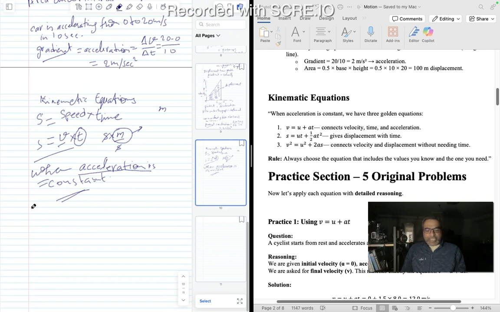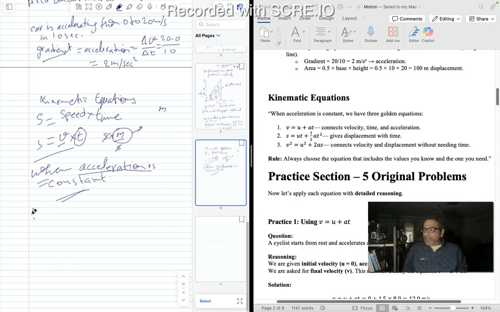If the acceleration is changing, say a car is moving for 10 minutes going from 0 to 60 kilometers, then reducing, then speeding up, these equations might fail. So we have to make sure that the question says constant acceleration. Even so, we assume the questions asked will always have constant acceleration.